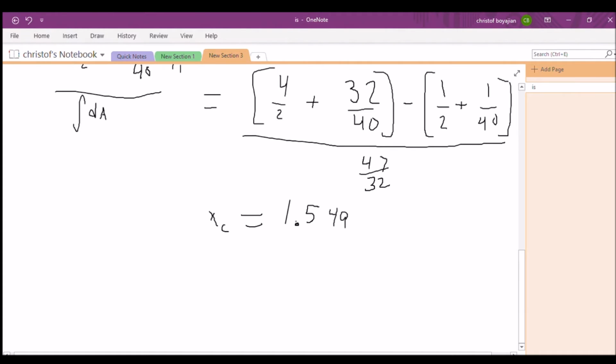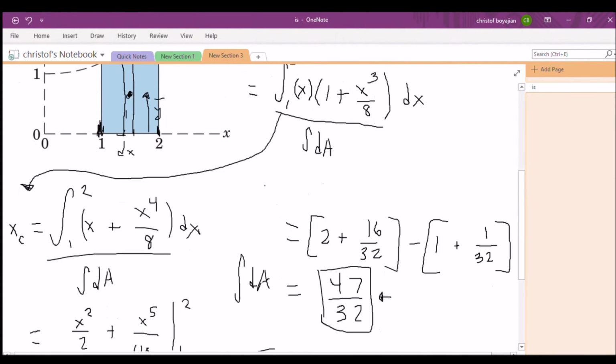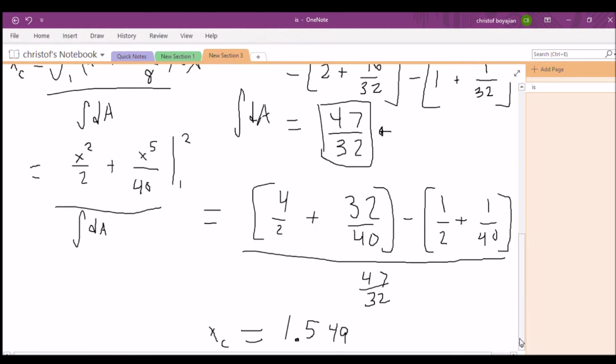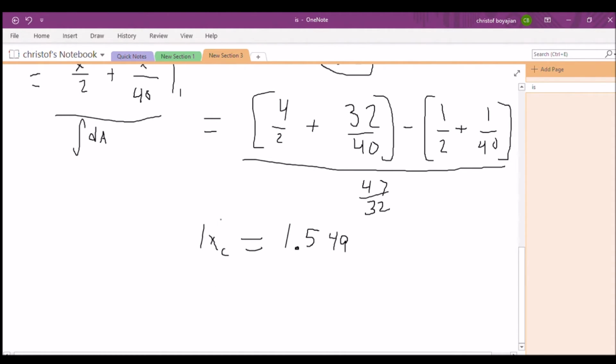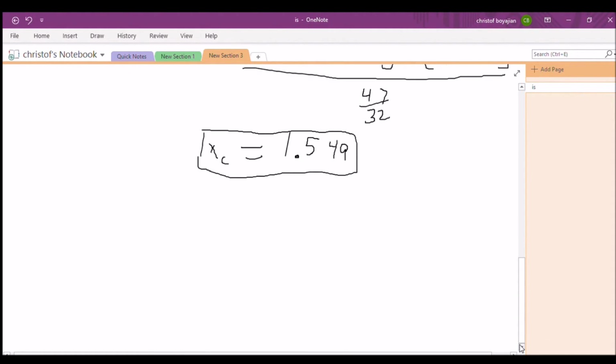Now, do we have units? No, there's no units, so we're just going to leave it as 1.549. All right. And that is our centroid right there for the x-coordinate.